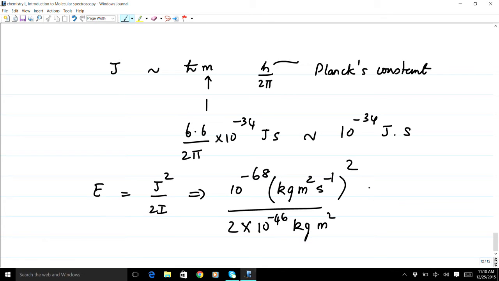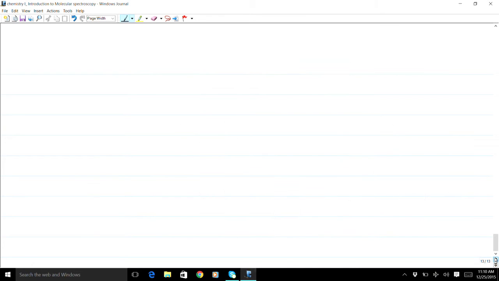So, it gives you about 10 to the minus 22 kilogram meter square per second square, which is the joule. Okay. Therefore, the rotational energy is of the order of 10 to the minus 22 joules for a molecule.